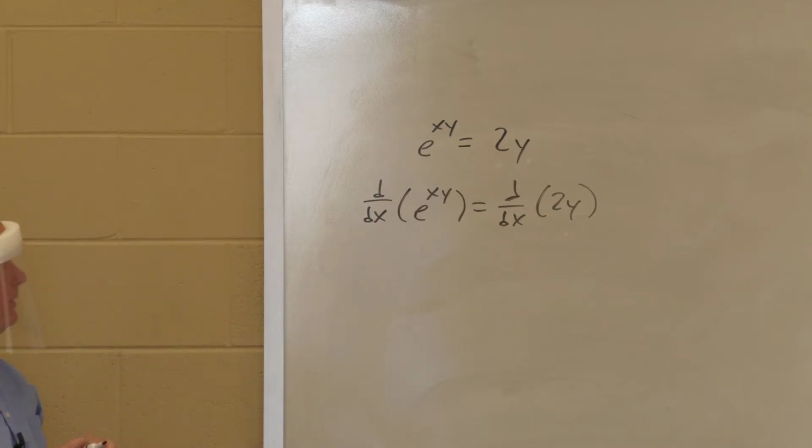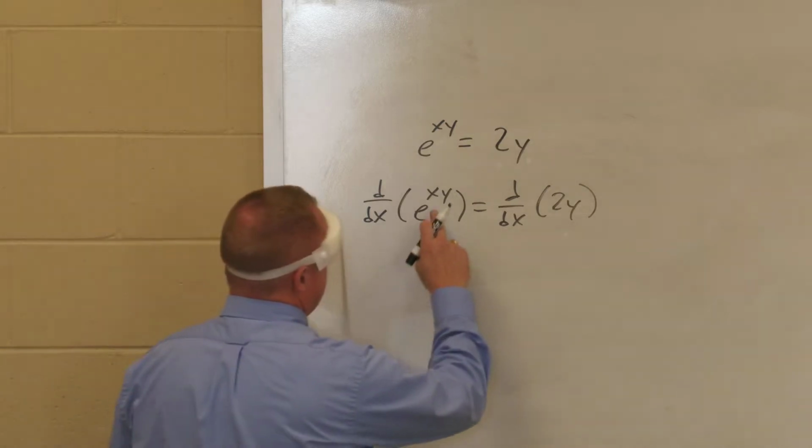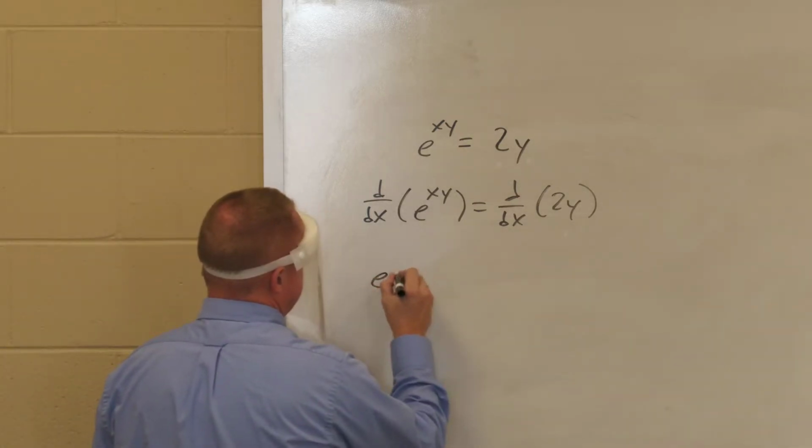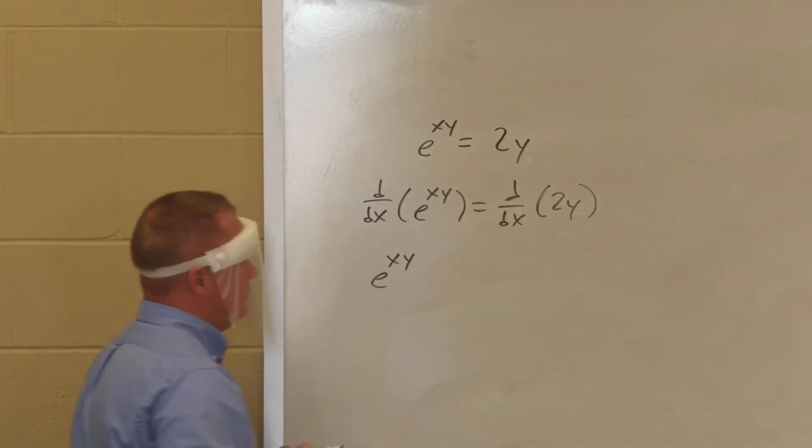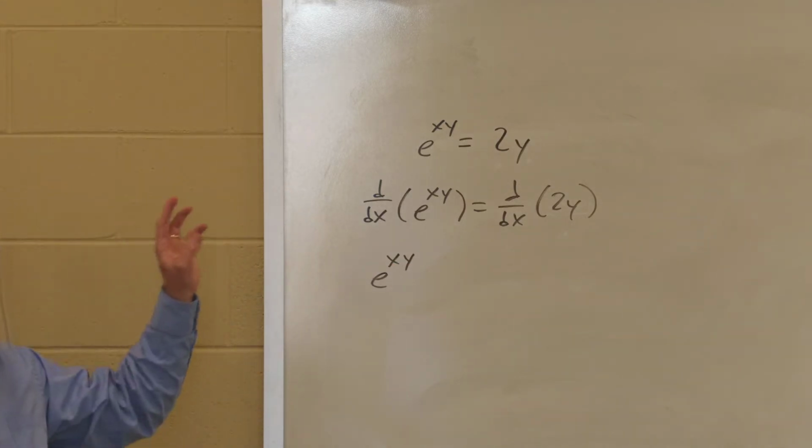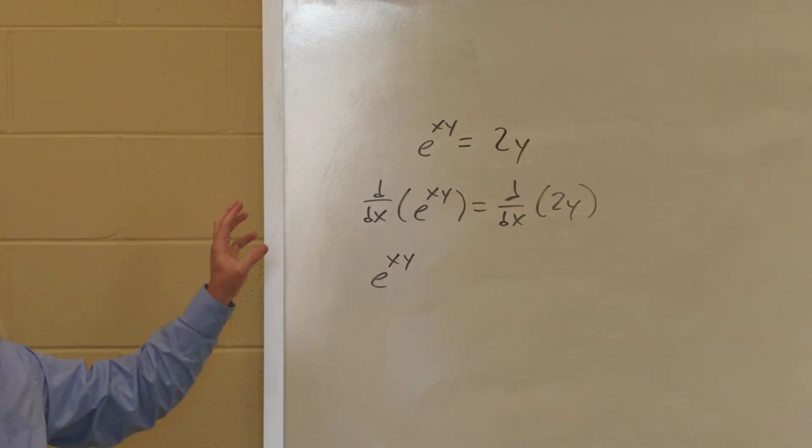So, okay. So now, derivative of e to the xy. What is a derivative of e? E, right. So, derivative of e to the xy is e to the xy. But, chain rule, we got to multiply by the derivative of that inside part, which is the product of x and y.